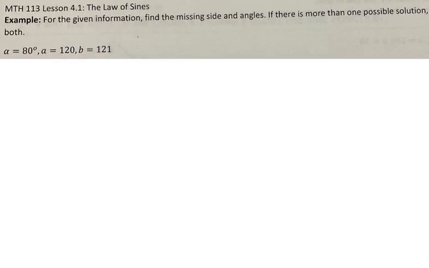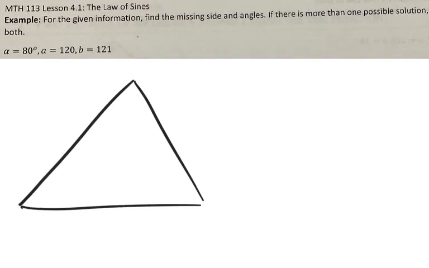So here, I know some stuff about my triangle. So I'm just going to draw a generic triangle. Now, which of these is angle alpha? It really doesn't matter. I normally start bottom left. Whatever you feel good about. But if I make this alpha, what does this have to be?